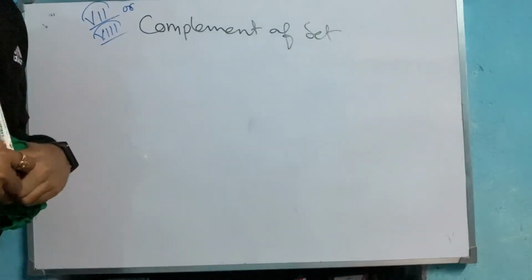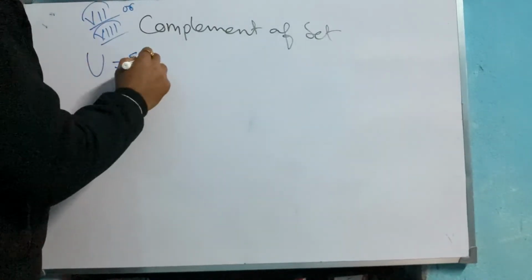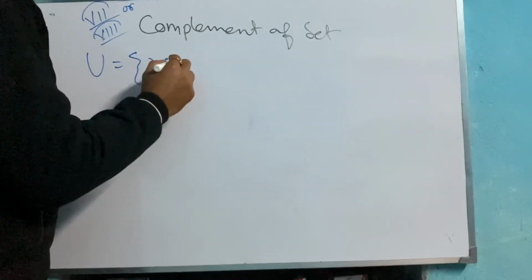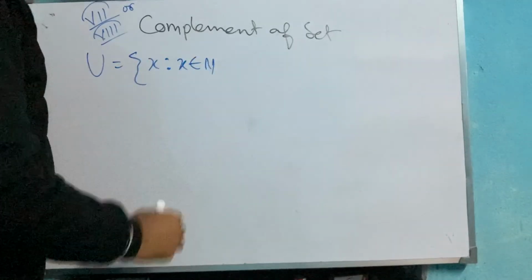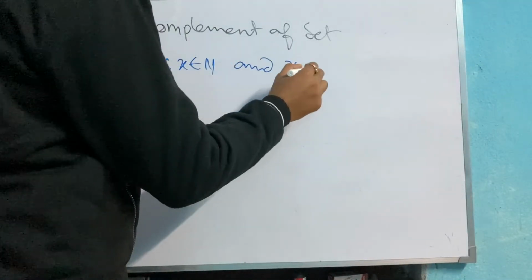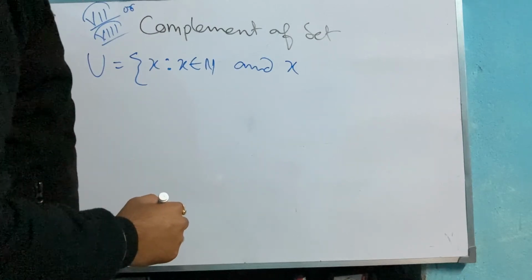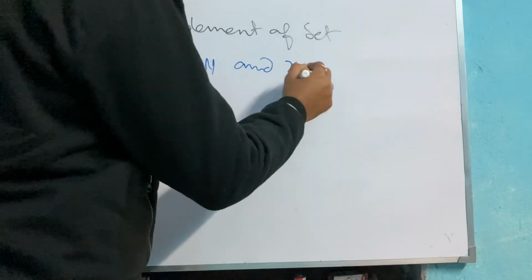Let us take an example. Let U be the set of x, where x belongs to N and x is less than or equal to 10.